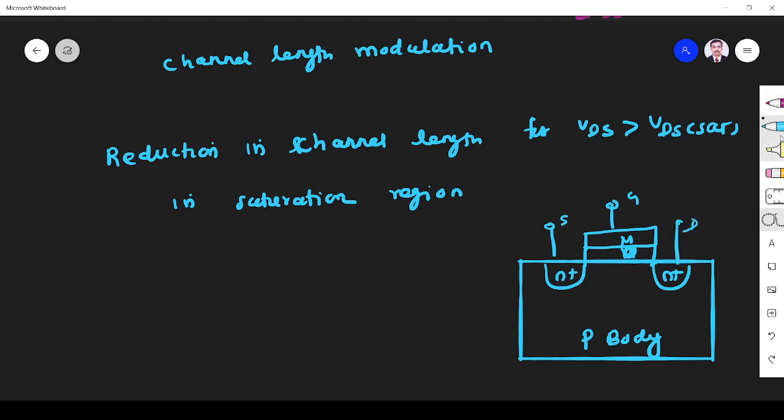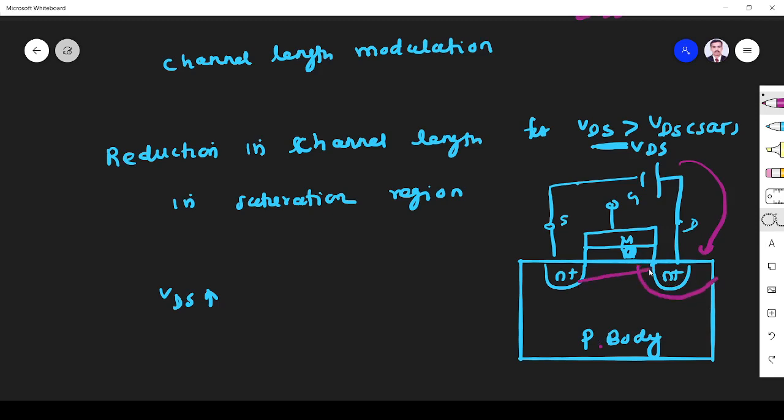When you increase the VDS value, the drain side will become more positive. More positive means it is becoming more reverse biased, because it is a p-type body. This is p-type substrate and this is n plus, n-type. You are giving p to n, so the drain side will become more reverse biased. So the depletion region will become wider, and the channel starts reducing from the drain side.